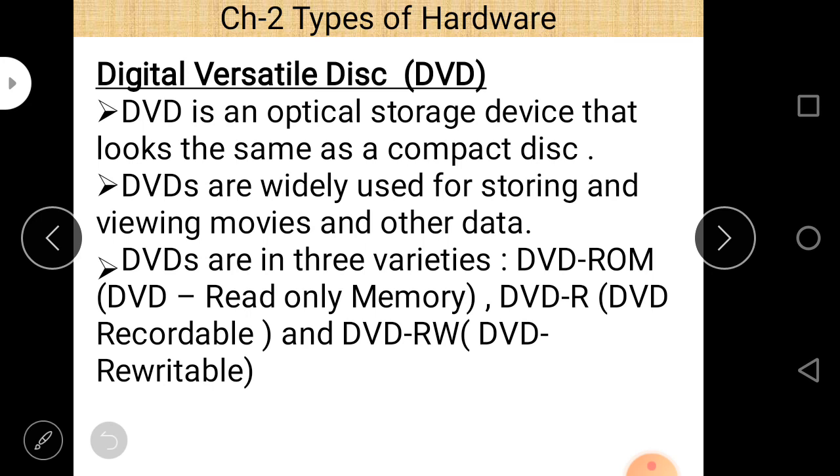You can see that there are again ROM, recordable, and rewritable types. Using a DVD writer, you can write data into a DVD and read data from a DVD, and you can also read or write data of a CD. So it is very important, but using a CD writer, you cannot use data of a DVD.